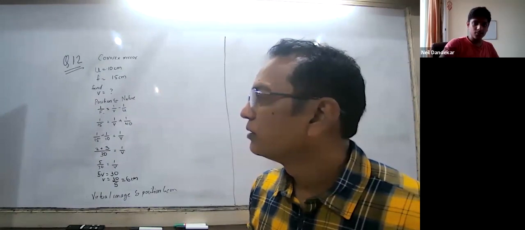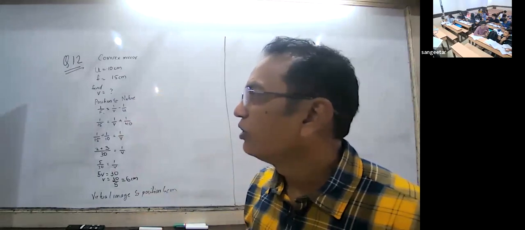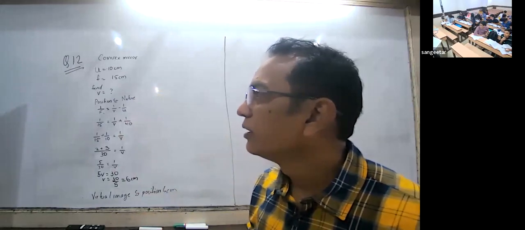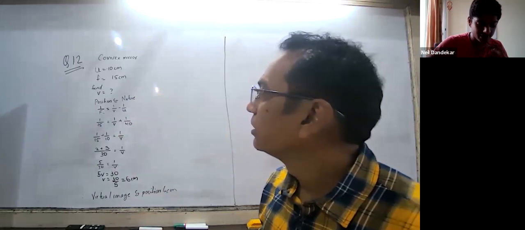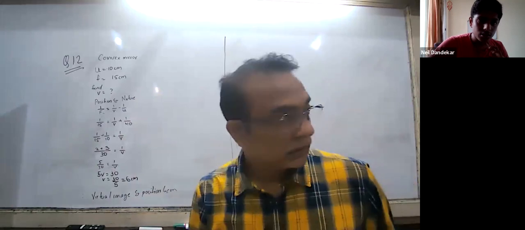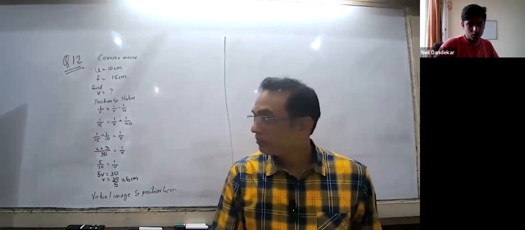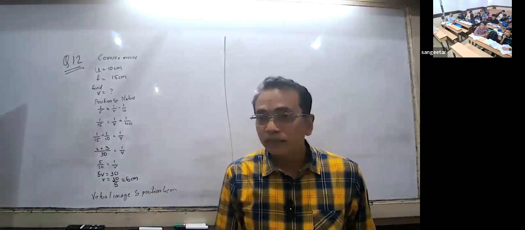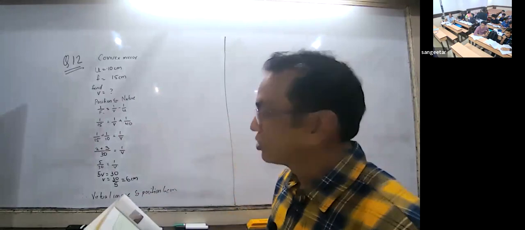Which question, sir? Question 12. Sir, in question 12, I have directly written that the object is in between F and O. That's why it is virtual, real, diminished, etc. What is the answer? It is 6, right? So let us begin.